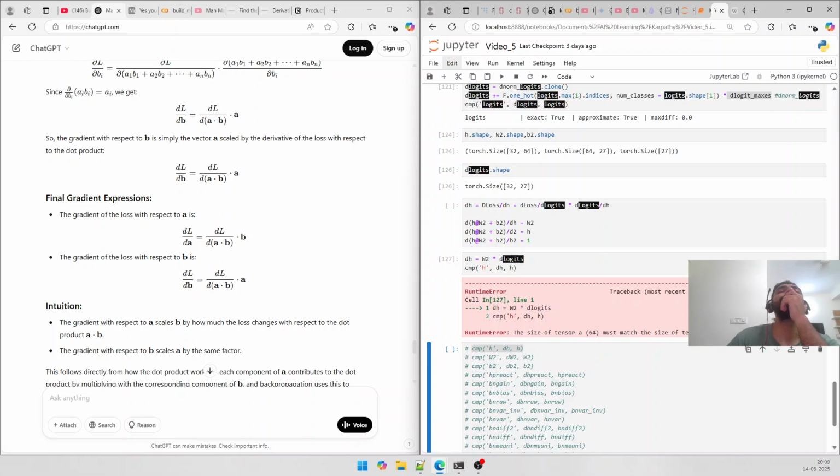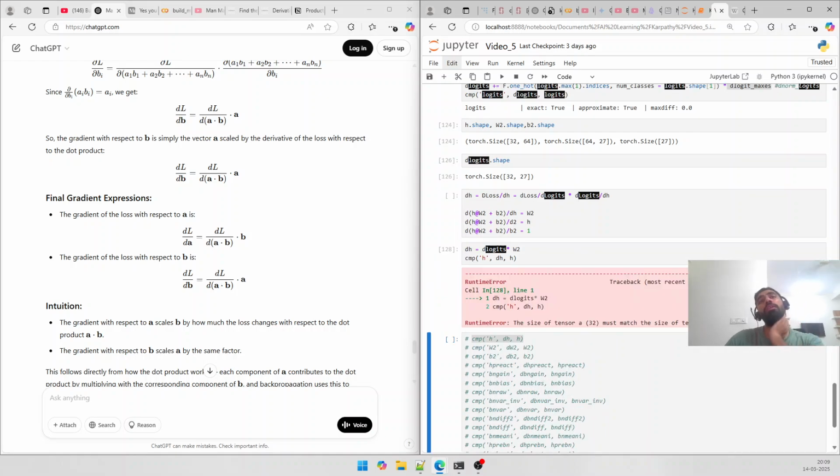Hmm. I think I still don't think anything changes per se. Because w2 is of this size. D logits is that, let's see.